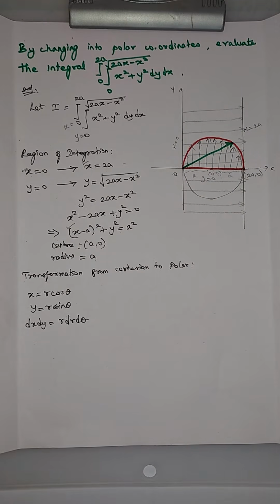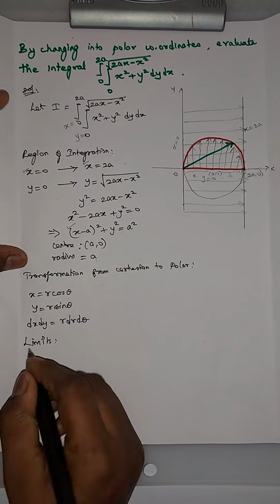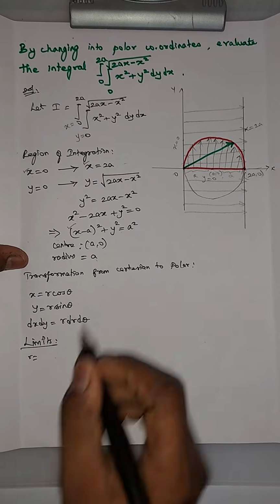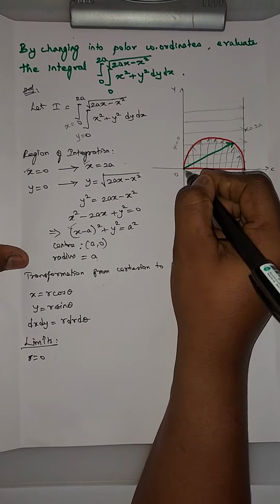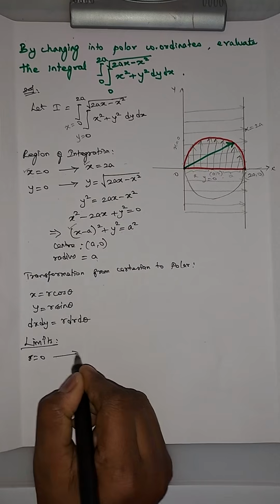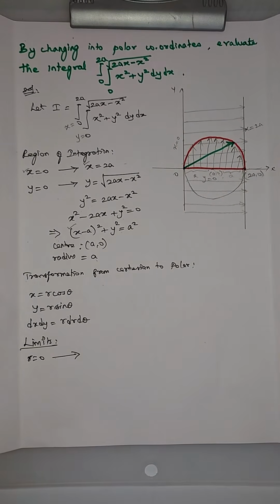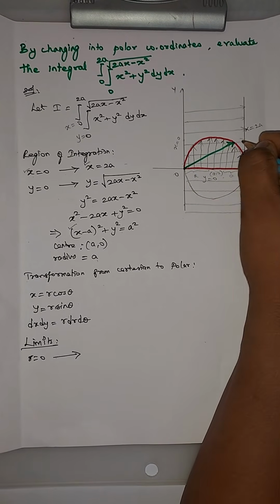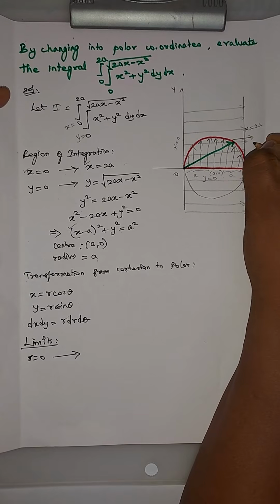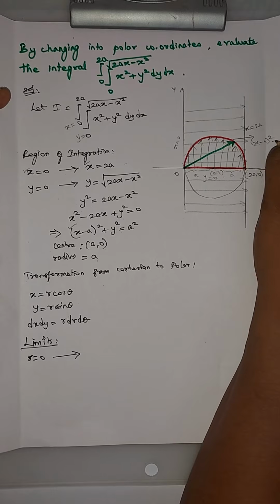So the limits: initial point r is equal to 0 because it starts from the origin. The final point lies on the curve, and the equation of this circle, we know, is x minus a the whole square plus y square is equal to a square.